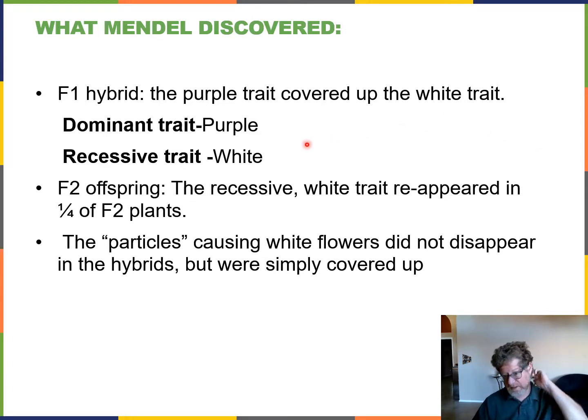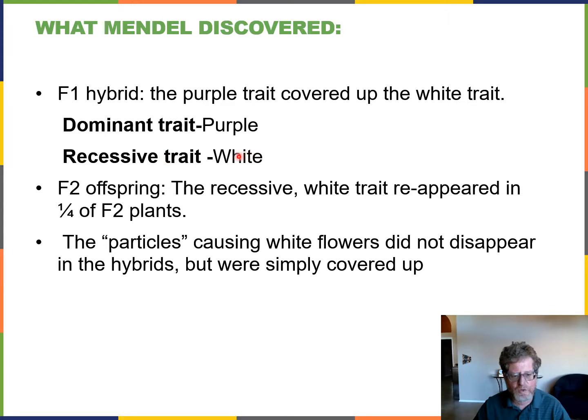So this just explains what we just looked at, that in the F1 hybrid, it's called a hybrid because it has 1 purple gene and 1 white gene. The purple trait covered up the white trait. And he called the trait that covered things up the dominant trait. In this case, it's purple. He called the trait that was covered up the recessive trait.